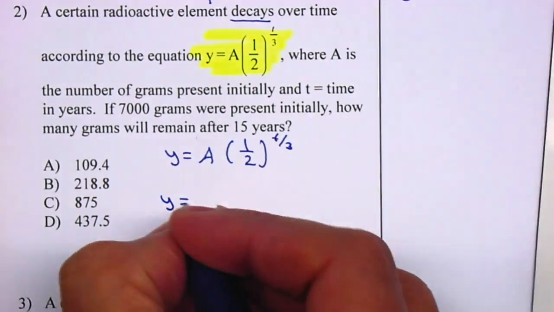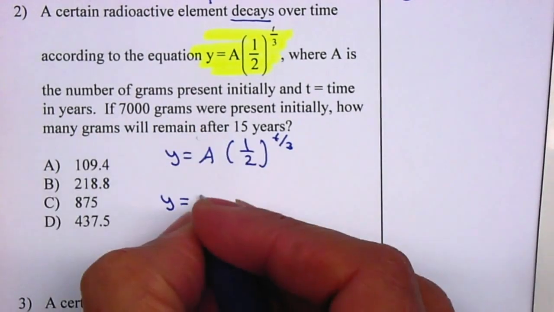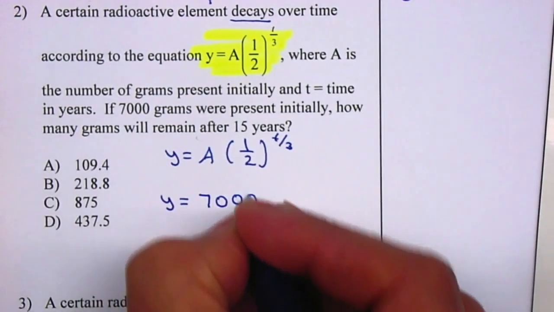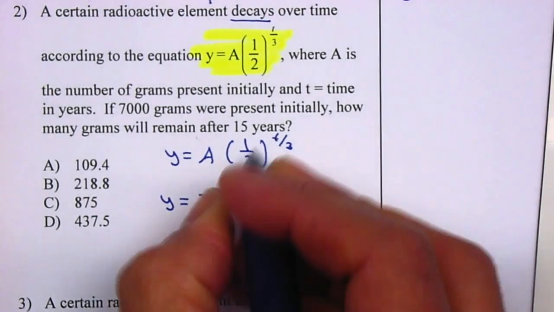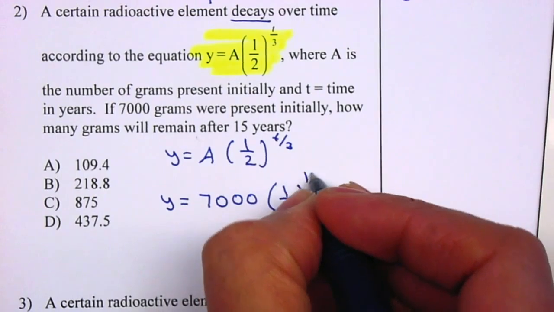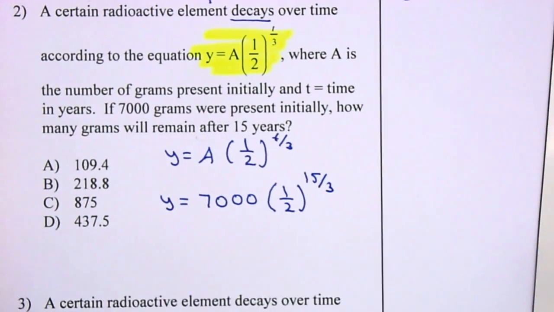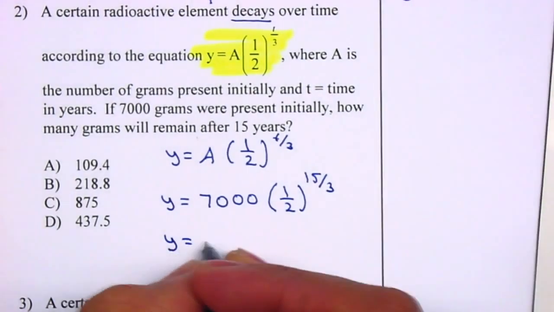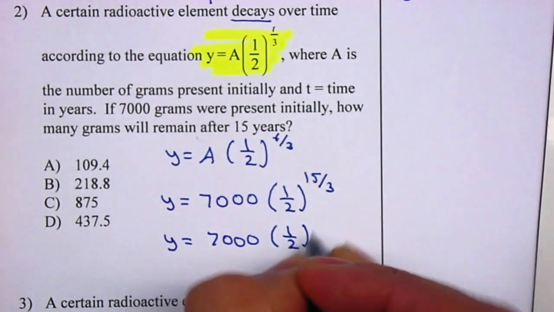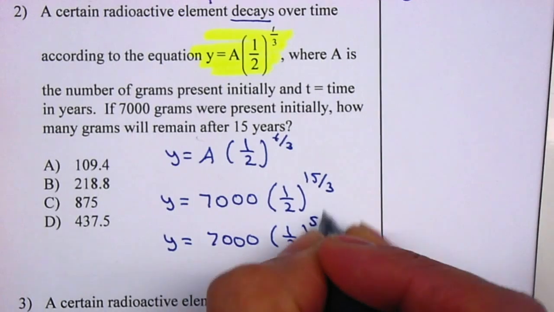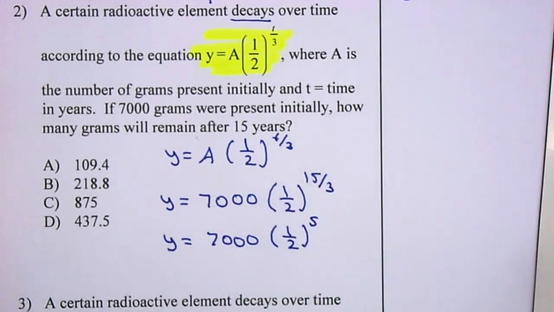This will be Y is equal to A, which corresponds to how many grams are initially present, 7,000, times 1/2 to the T, the number of years, 15, divided by 3. 15 divided by 3 will be 5, so we simplify the exponent.